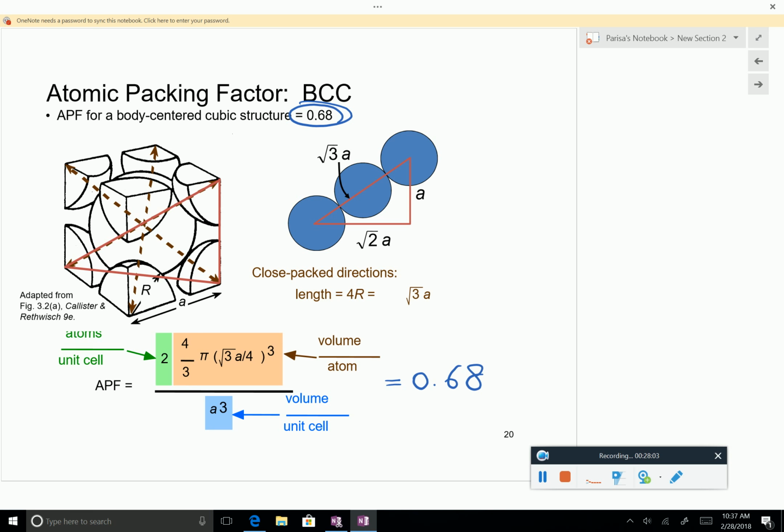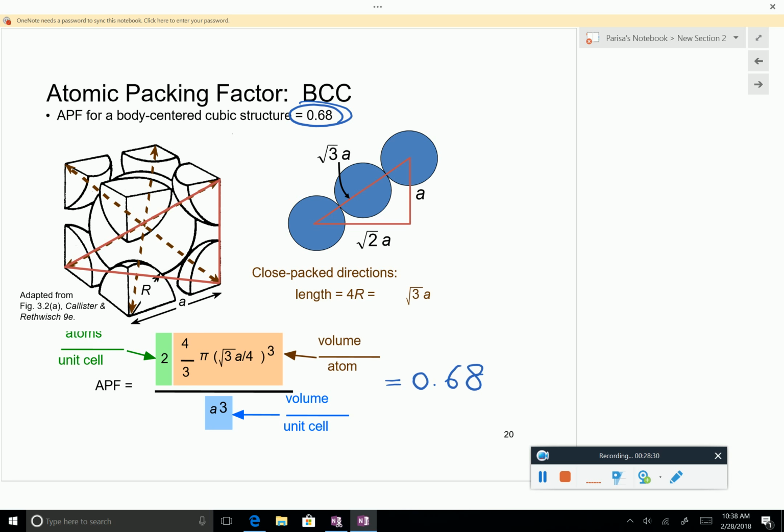Now, if you compare a material, let's say if you had the same atom, if the microstructure was a simple cube versus a body-centered cube, which one would you think would be heavier, would have a higher density? Simple cube or body-centered cube?